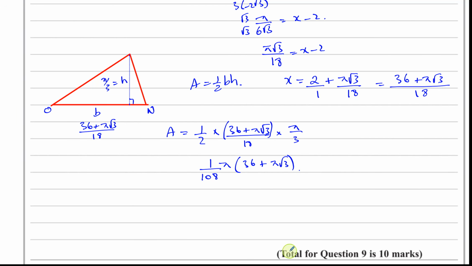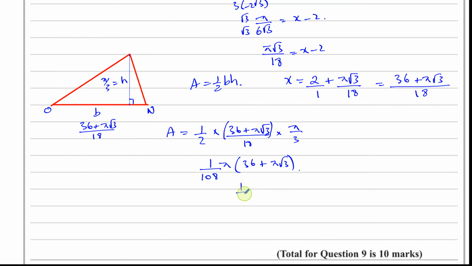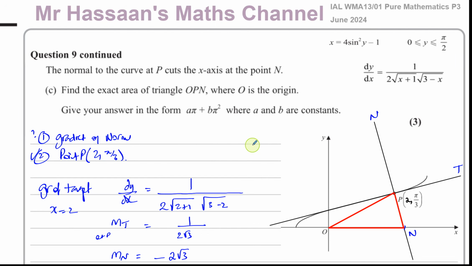So you've got 36 over 108. What's 36 divided by 108? That gives us 1/3. So that's 1/3 pi plus root 3 over 108 pi squared.